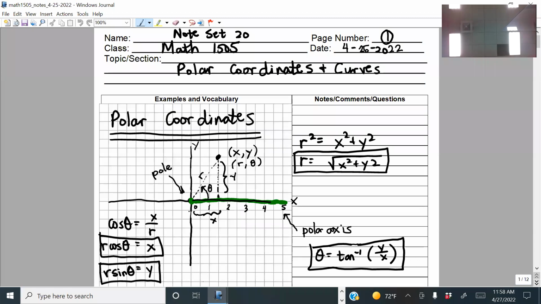So the pole is kind of like the origin for rectangular coordinates, but in polar coordinates, it's referred to as the pole. So I've drawn this line from the pole out to the point that I'm trying to locate. Calculate that distance then. Of course, there's going to be a distance there. For notational purposes, let's call that distance r, short for radius.